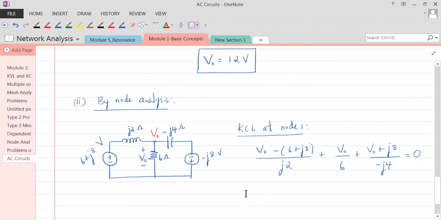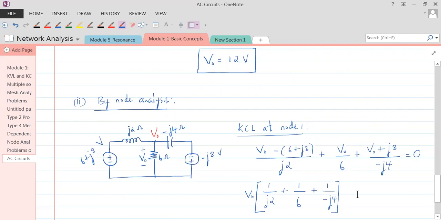So let's understand how to calculate this. Let's bring the coefficients of V naught to one side. So it is 1 by j2. This is very important; doing this method is very important, otherwise you will find it very difficult. It's 1 by 6, then plus 1 by minus j4. What am I doing? I'm combining the coefficients of V naught on one side. Then what is left out there?